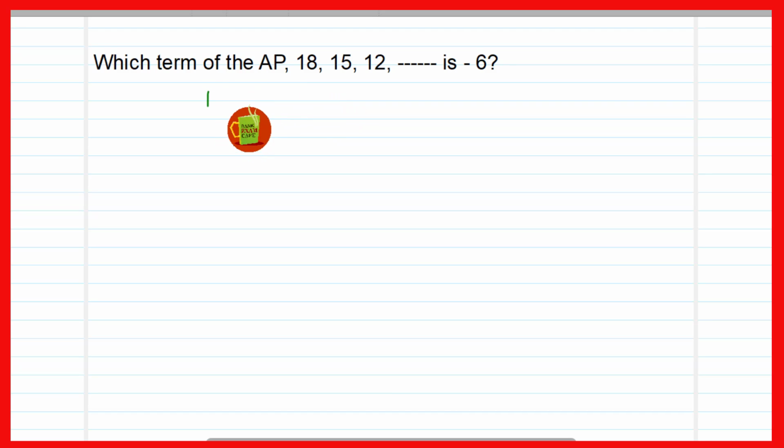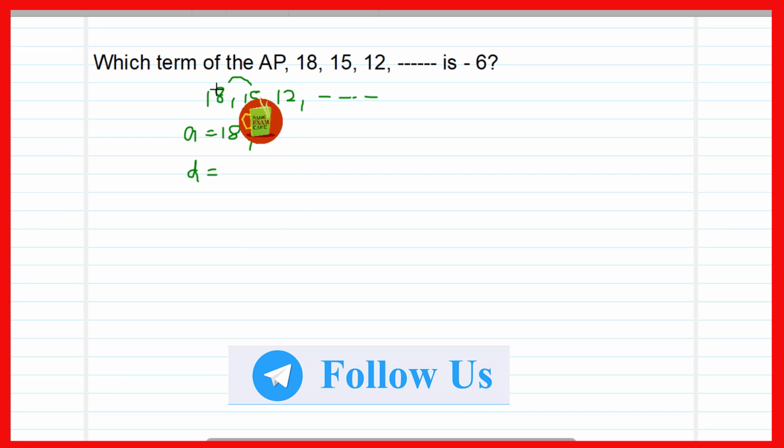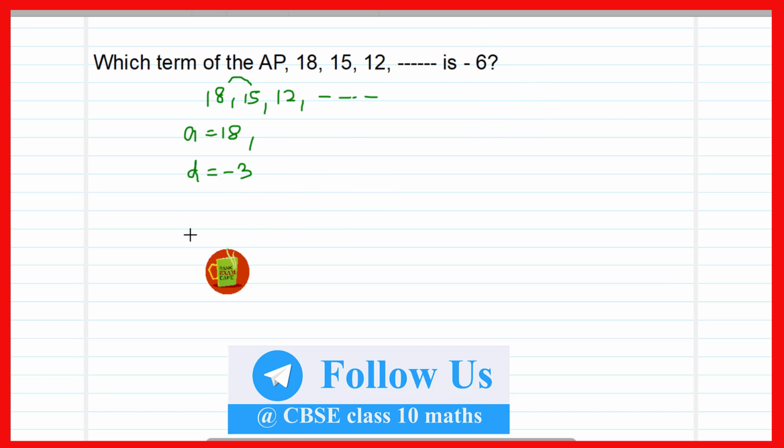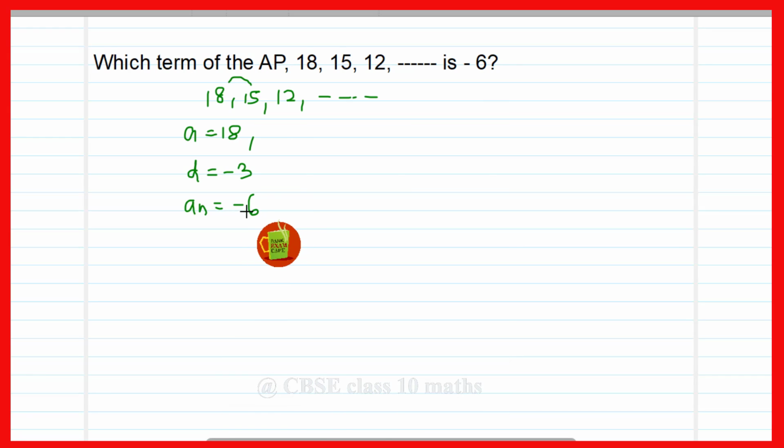So the given AP is 18, 15, then 12, and so on. So here A will be equal to 18, then D will be equal to second term minus first term, that is 15 minus 18, that will be minus 3, and minus 6 is the last term, AN, that is equal to minus 6.